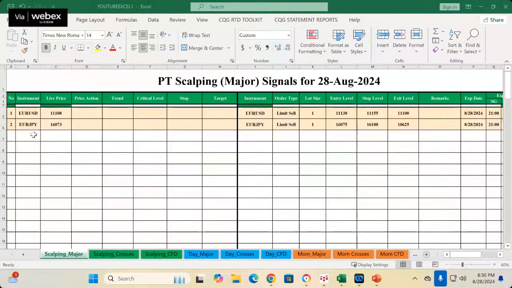Again, this is a scalping trade. Right now, I think the market has already dropped. We already missed it, before I said that we want to go for it.